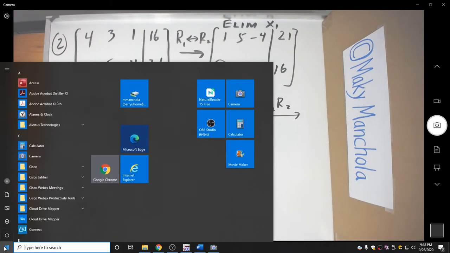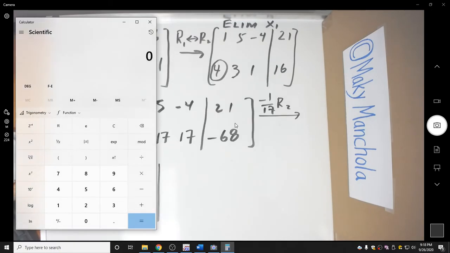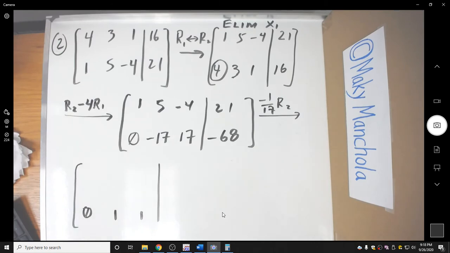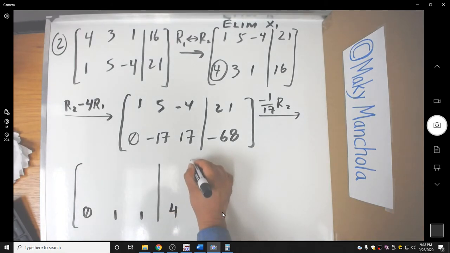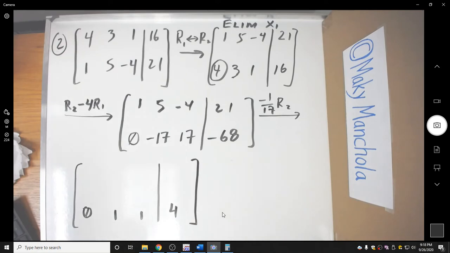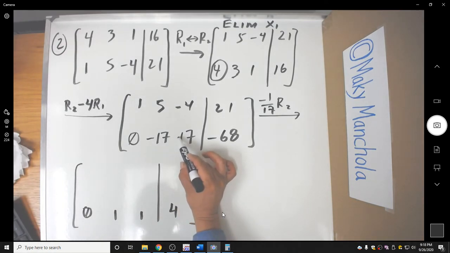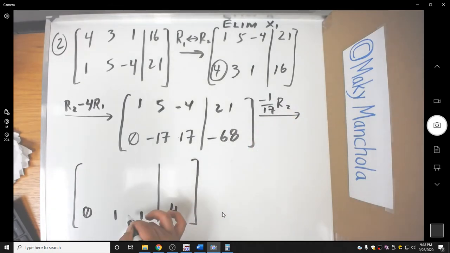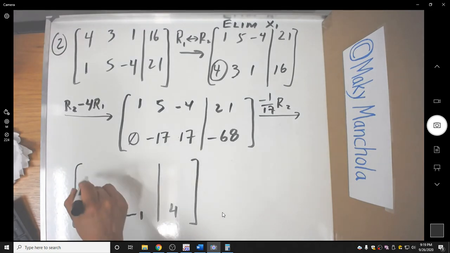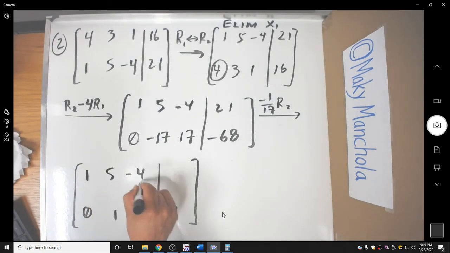I hope it's a nice value. We have 68 over 17. Oh, it is a nice number. It's 4. Here there is a negative, so you have 17 times negative 1 over 17. That's a negative 1 there. Got to be careful with your signs. And then 1, 5, negative 4, 21.